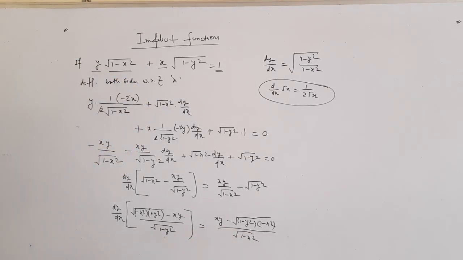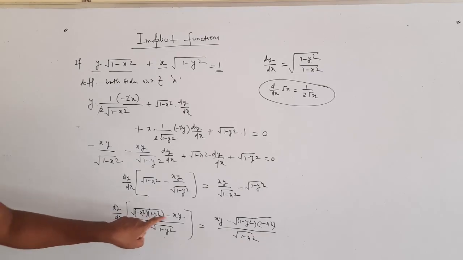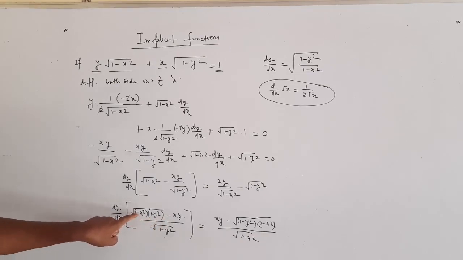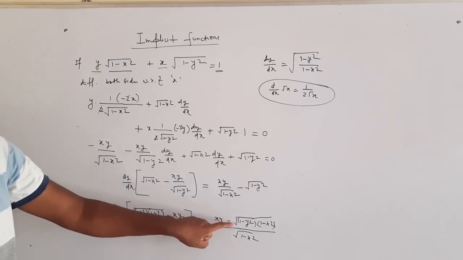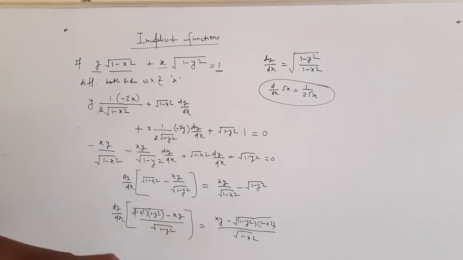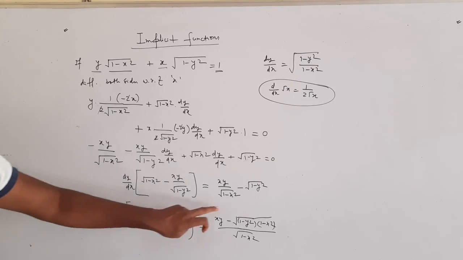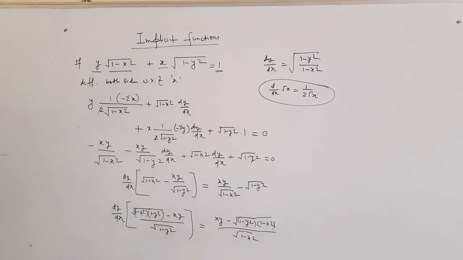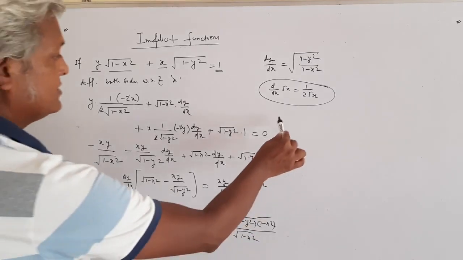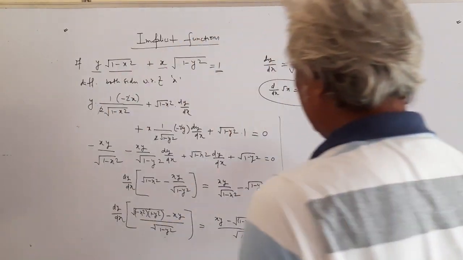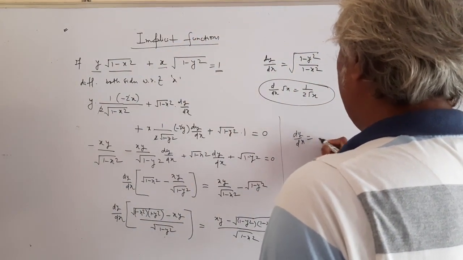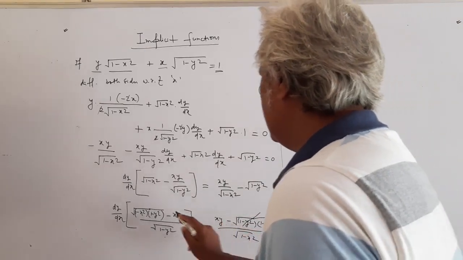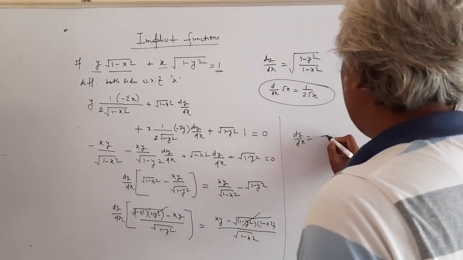Now I think we are close. This term, minus under root 1 minus x square under root 1 minus y square minus xy, and this is xy minus. So these two are the same, only negative. Just like if this is a minus b, this is b minus a. So if you cancel them, you will get y. So let me write the term here. So dy by dx equal to, I cut this and this, then I write just minus.